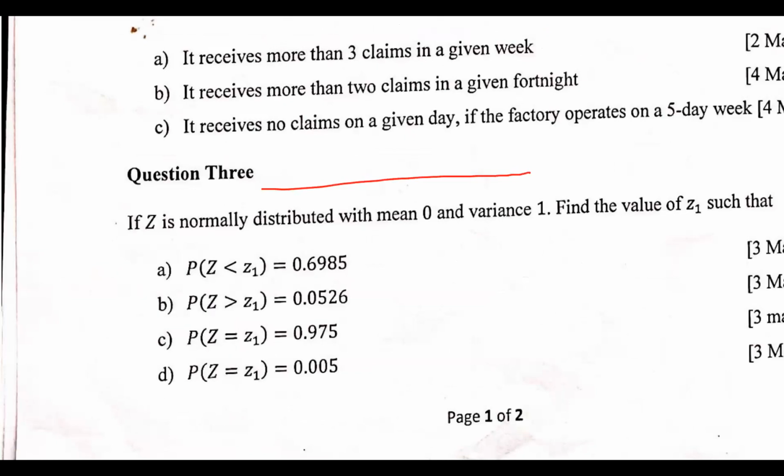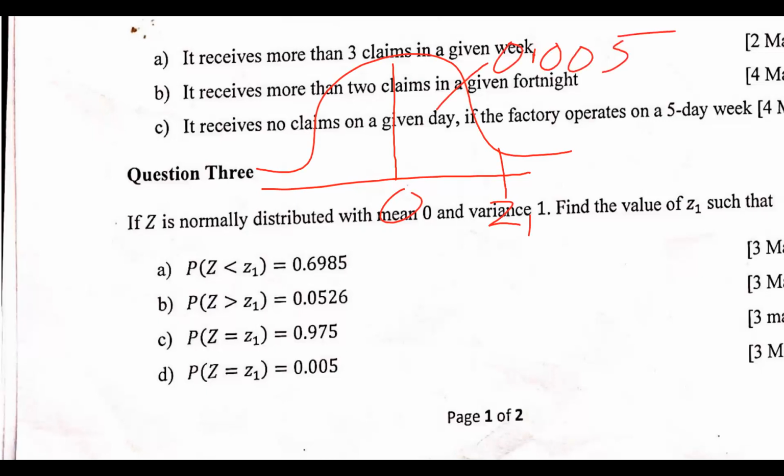Now, look at how our table is. From 0 to this is Z. So they're saying that this area is 0.005.